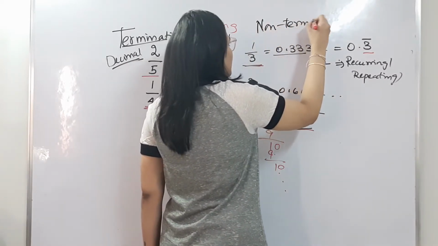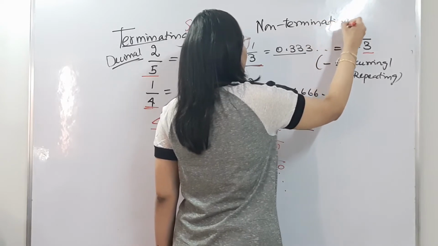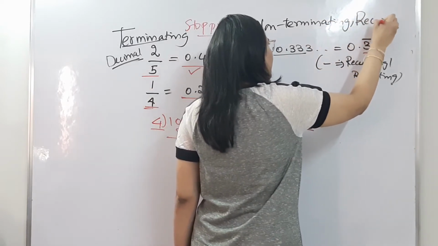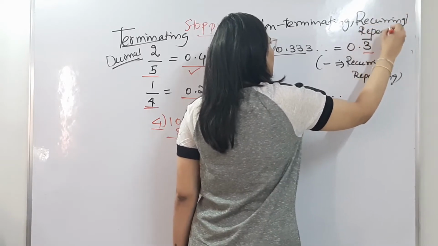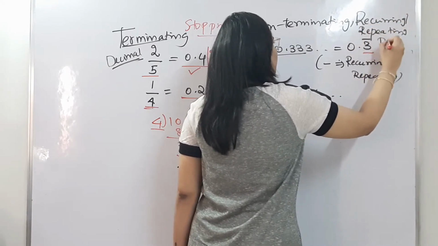As the name suggests, it's not stopping at one point, but it is repeating, recurring. Or you can also call recurring as repeating decimal.